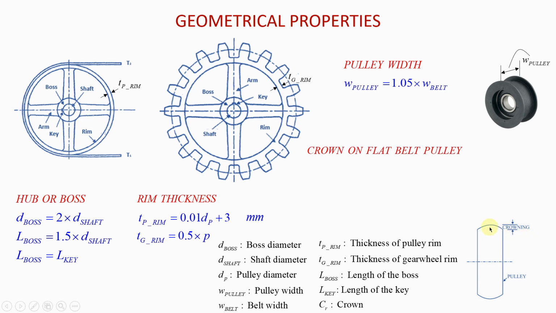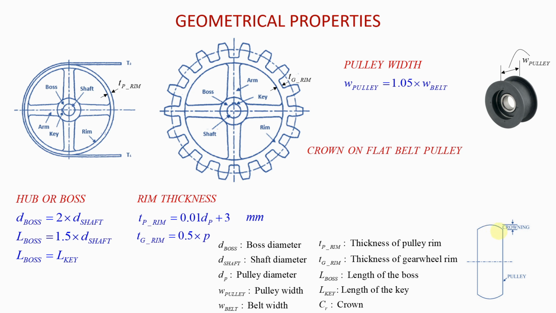As it spins, if ever it tries to move to the side, it will be redirected to the center. It may seem a bit counterintuitive, but it is actually what happens in real life. This shape prevents the belt from falling off the pulley.